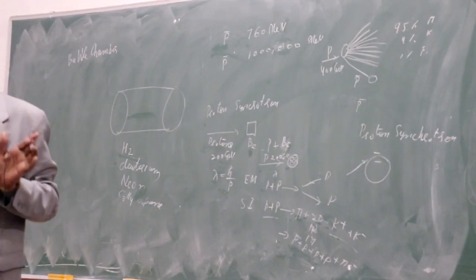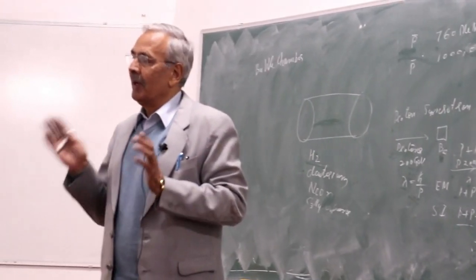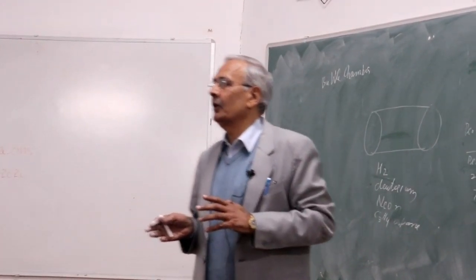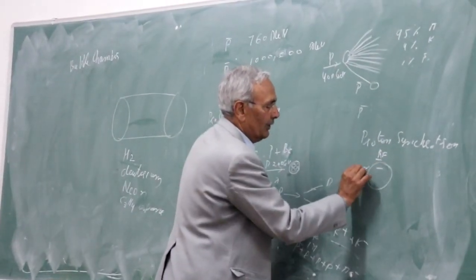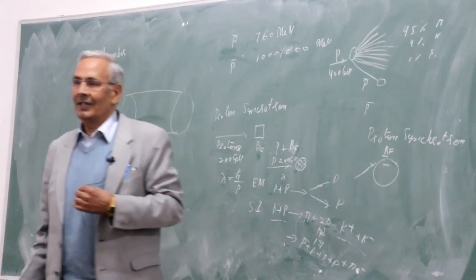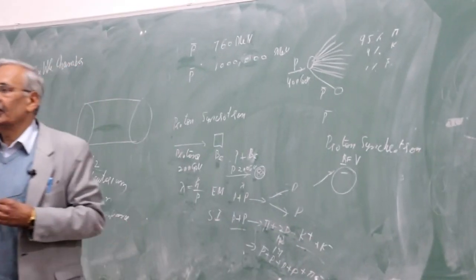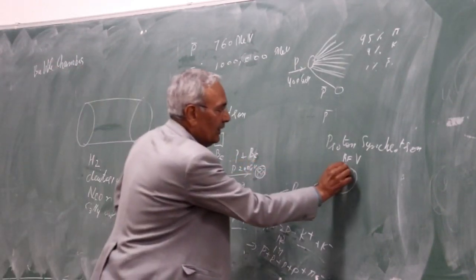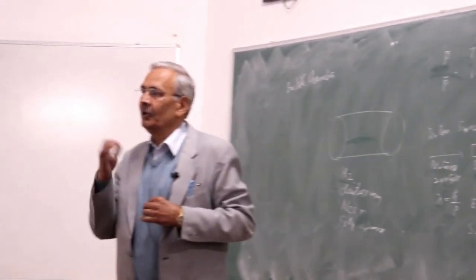One is the magnet, like in a cyclotron, where you have a magnet and then you have an RF cavity. The magnet keeps the particle revolving in the circular orbit, and the electric RF cavity works to accelerate it. Suppose you have an RF cavity over here. As soon as the particle comes over here, it gets a kick. If the RF cavity voltage is V, the energy gained is the charge on the particle, e, multiplied by V. So its energy will increase, and then you have the magnet to keep it in the orbit again.